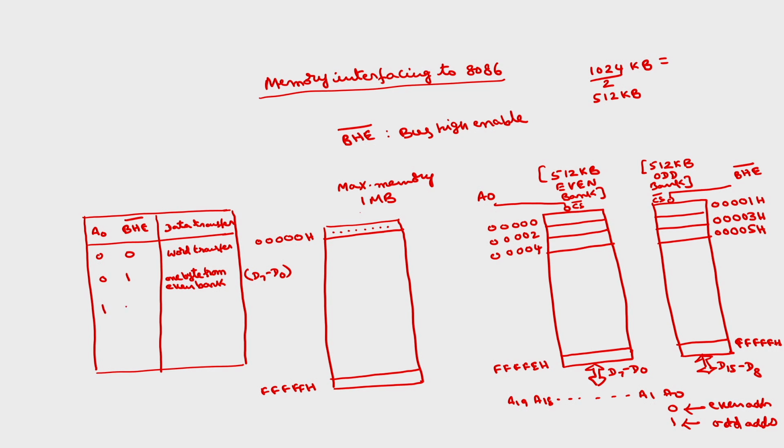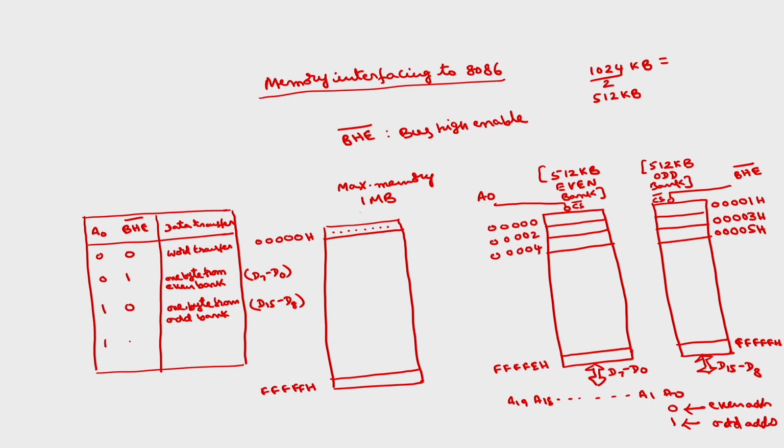If A0 is 1 and BHE bar is 0, then also 1 byte, but 1 byte from the odd bank. Means data lines are D15 to D8.